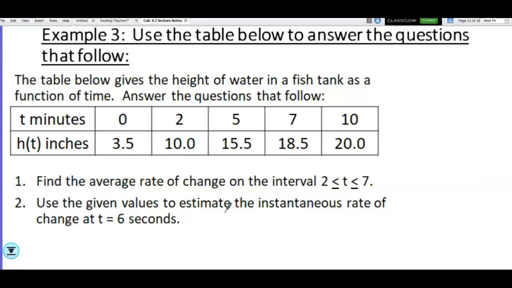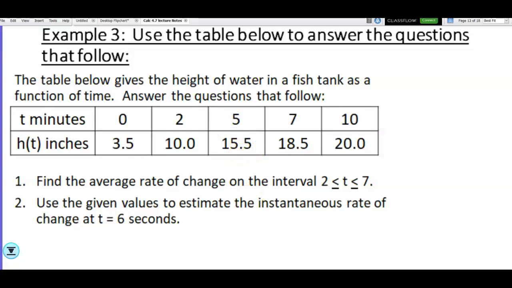Only instead of giving you an equation, this time I'm going to give you a table. The table below gives the height of water in a fish tank as a function of time. So basically, it tells you at a certain time what the height of the water in the tank is. At t equals 5 minutes, for instance, the height of water in the tank is 15.5 inches.